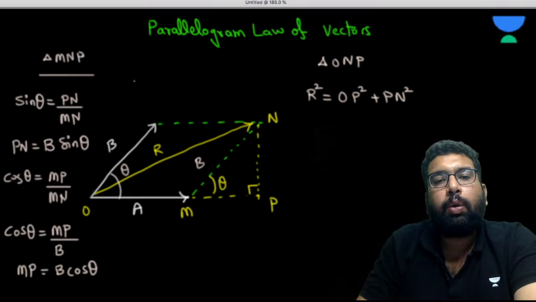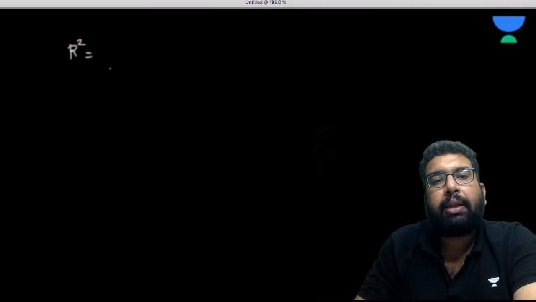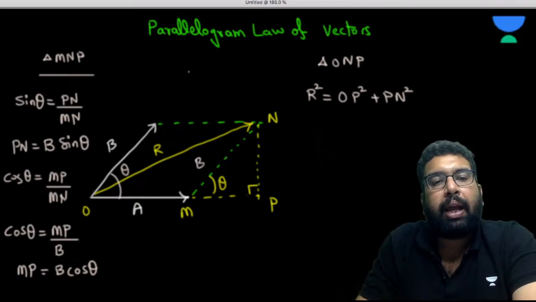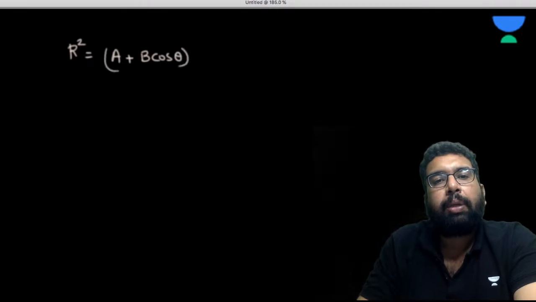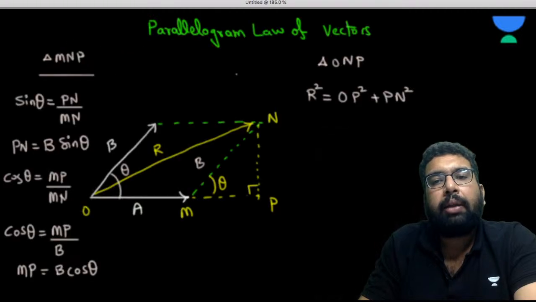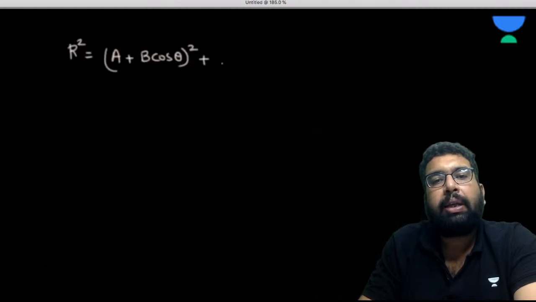OP is A plus MP, and MP is B cos theta, so it is going to be (A plus B cos theta) whole square, plus PN. PN is B sine theta, so (B sine theta) whole square, right?